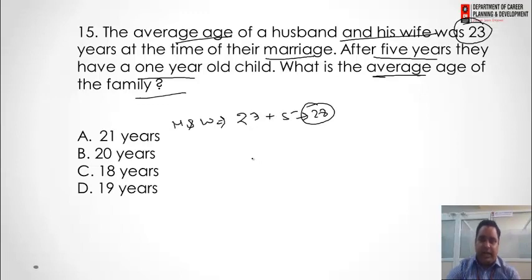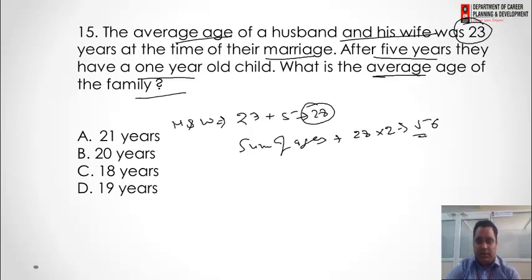Now it's 28. Then we can say the sum of the ages is 28 into 2, that is 56, but that is the sum of the age of husband and wife only, whereas after 5 years they have a 1 year old child. So what is the average age of the family?